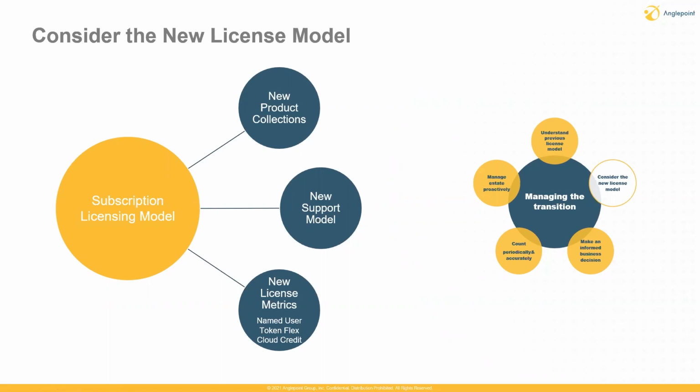Now, how they've also gone about doing this is to release what they're calling product collections. These are really bundles and support models. So these bundles are designed with the idea that a typical engineer, depending on which department they sit in, will use very similar products.